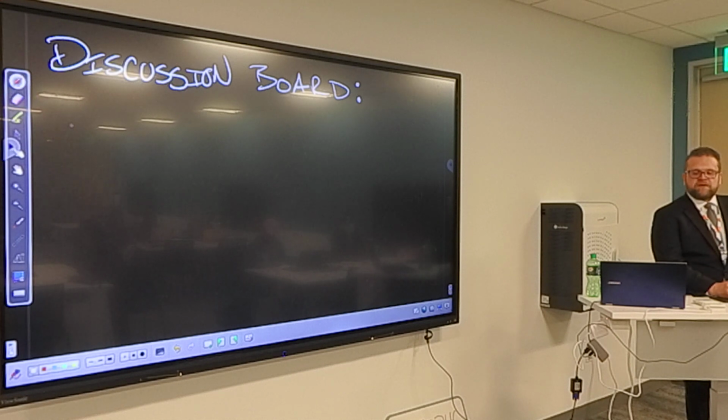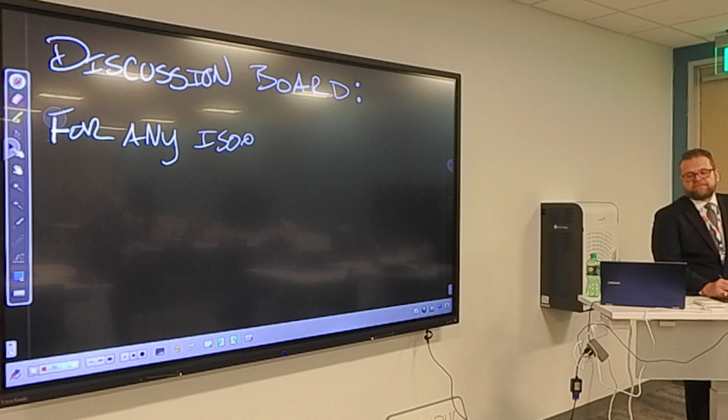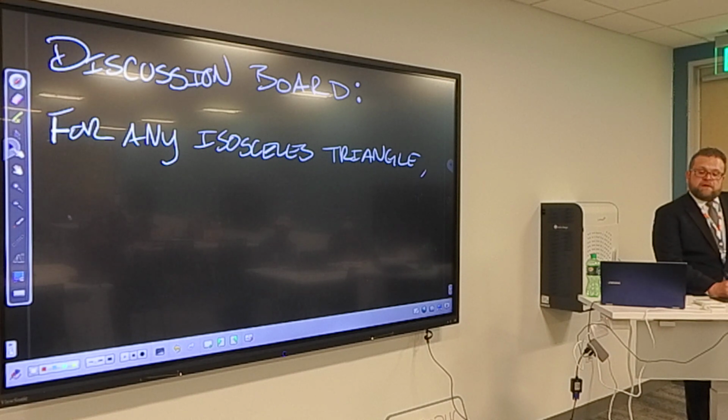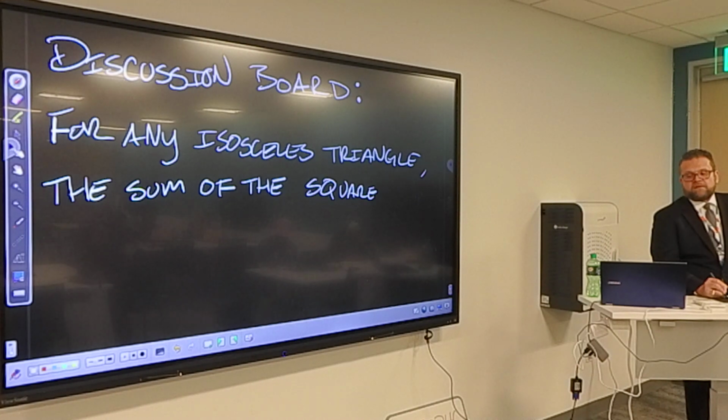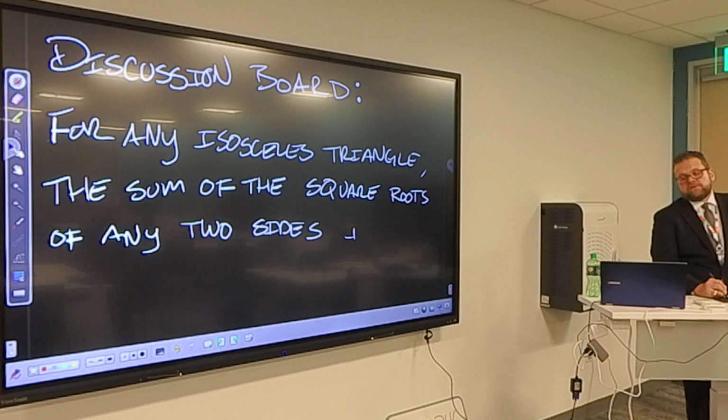The statement that was made is as follows: for any isosceles triangle, the sum of the square roots of any two sides is equal to the square root of the remaining side.